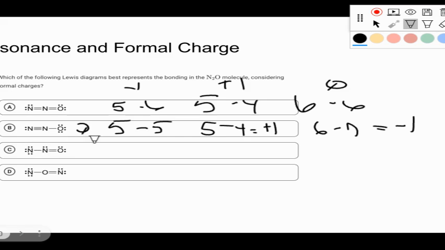Let's do this one again. So it should be 5. I have 2, 4, 6, 7. It's a -2. I have 1, 2, 3, 4, 5, which gives me 0. And then for oxygen, I have 1, 2, 3, 4, 5, 6.